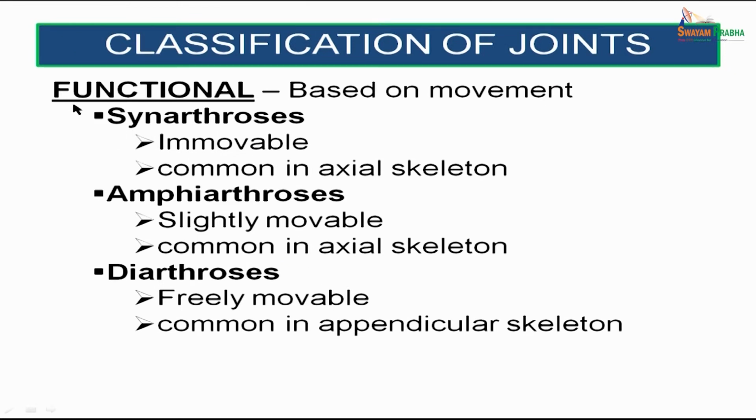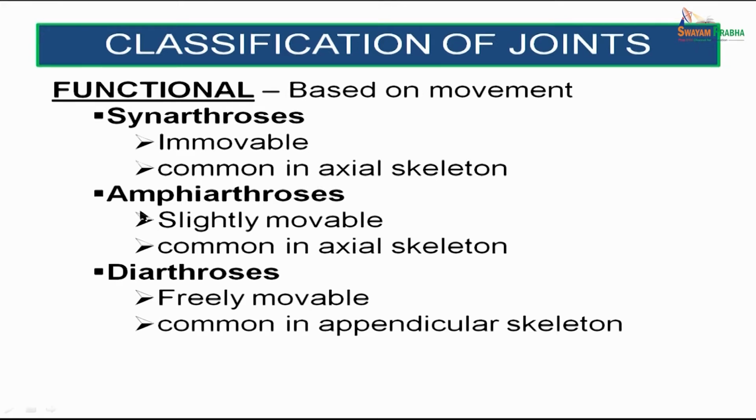The second classification is functional, that is based on the movement. So, the joints can be classified as synarthrosis, amphiarthrosis or diarthrosis. Synarthrosis means the joint is immovable, which is commonly seen in the axial skeleton.